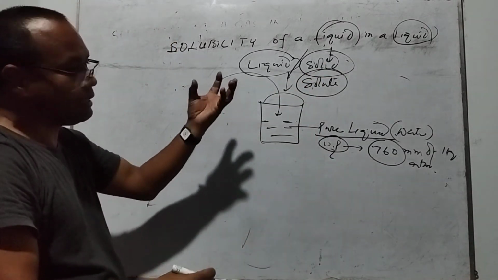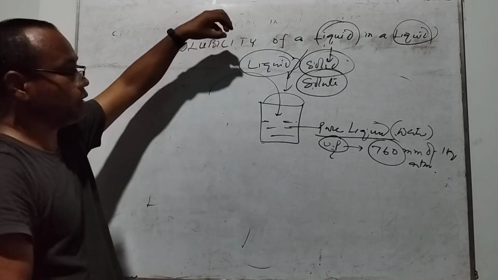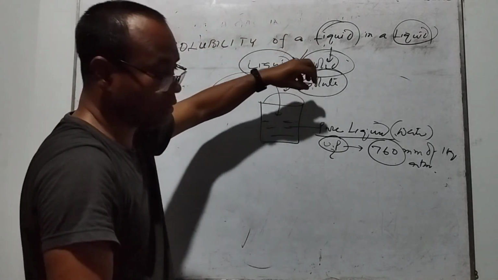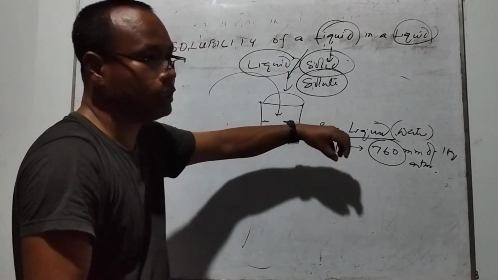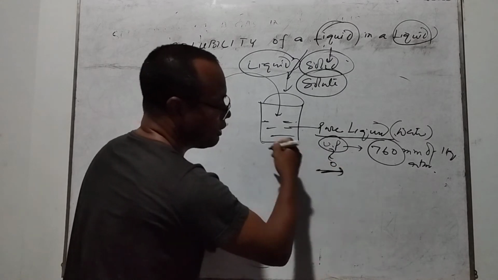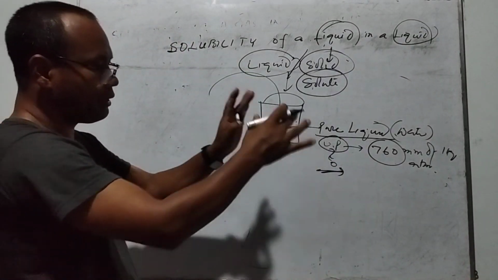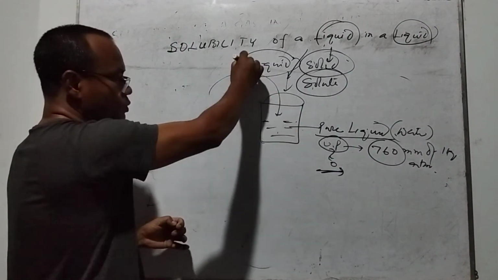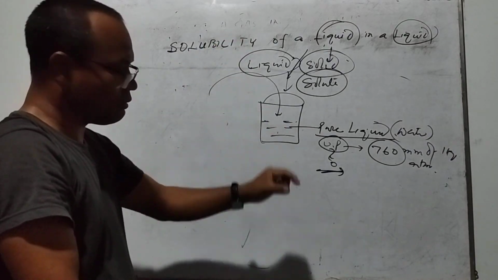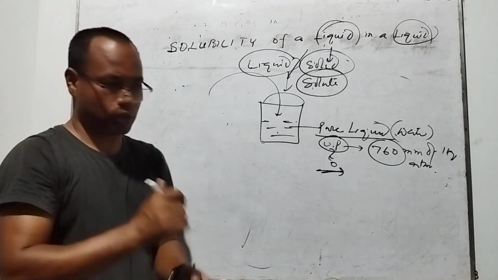When we add a little amount of the liquid or non-volatile solute into our liquid, what will be the effect on this vapor pressure, right? See, before I tell you, when we mix these two together, ultimately that is what we call a solution.